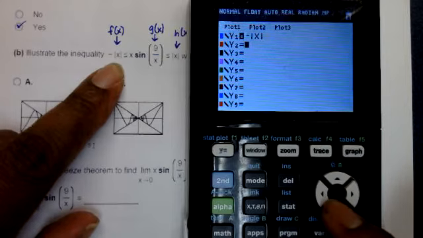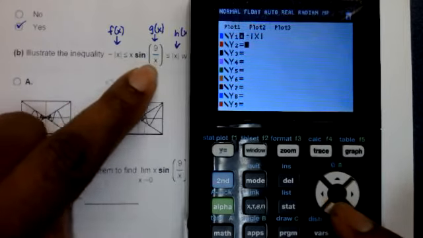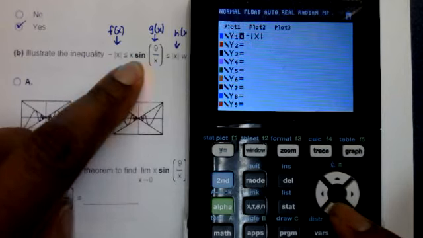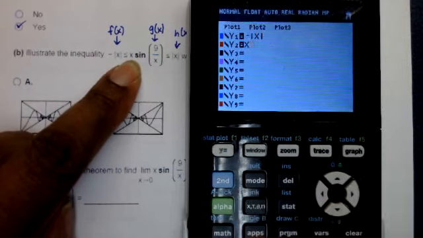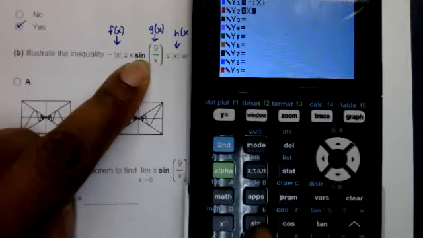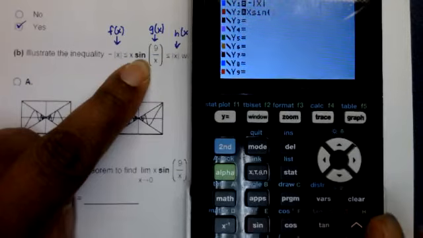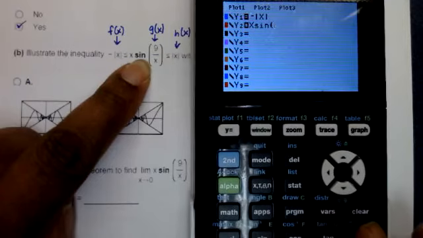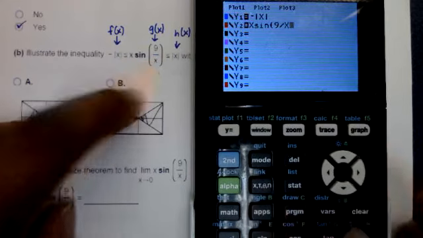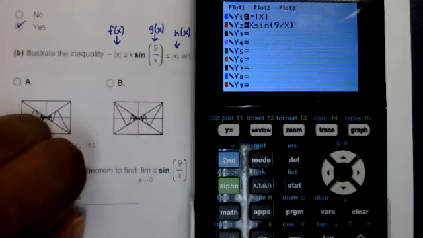Use my down arrow key to enter the part for y2: x times the sine of 9 over x. For the x, we press X,T,theta. For the sine, there's a button that says SIN, and then gives you the left parenthesis. Then we do 9 divided by x, close parenthesis.